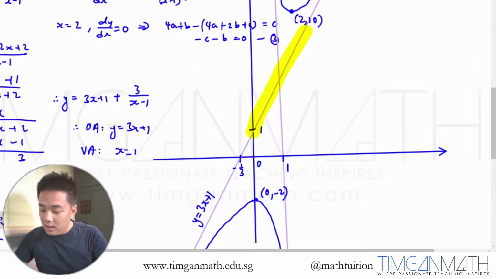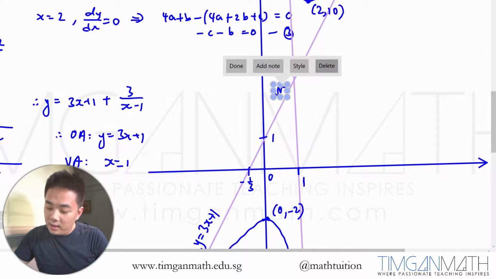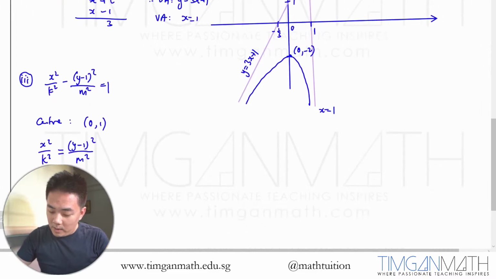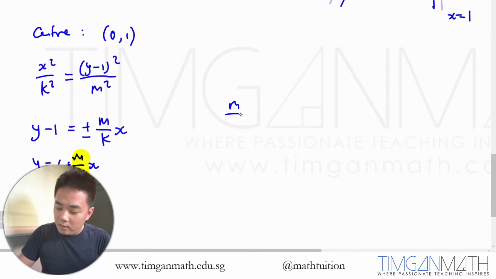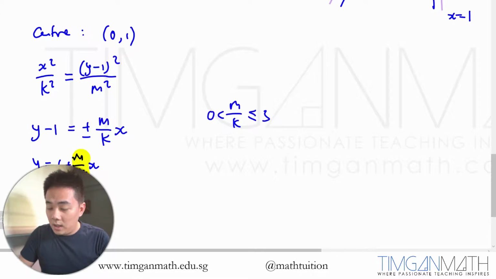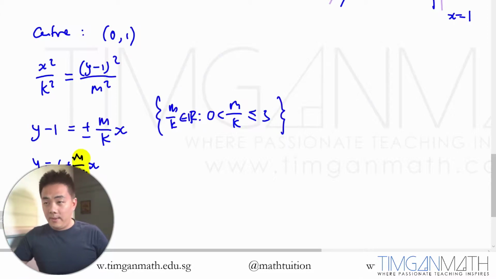The gradient here is 3, so you have to be less than this. In other words, by observation, m over k has to be bigger than 0 but less than or equal to 3. So that's your answer. In the solution set, it will look like that, with curly brackets. That is part 3.